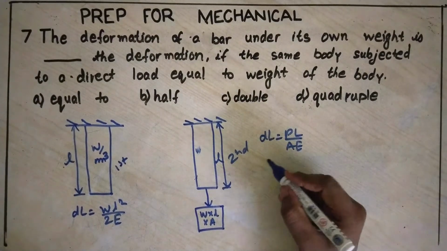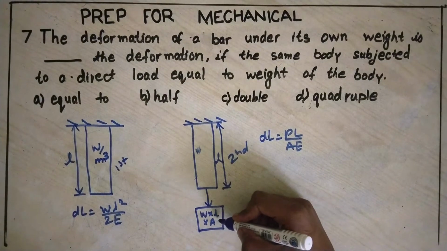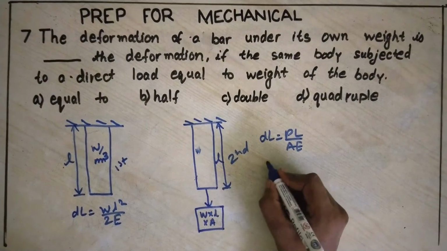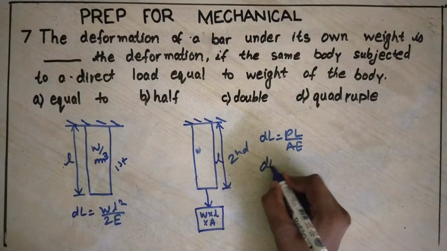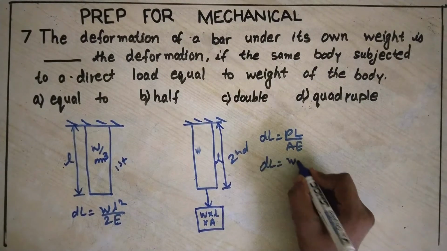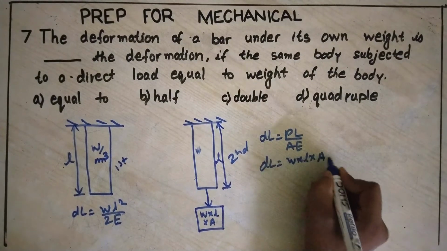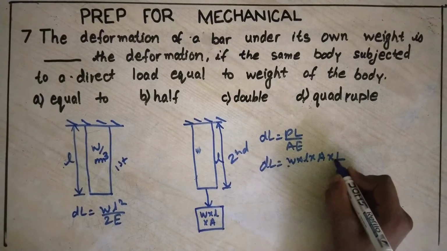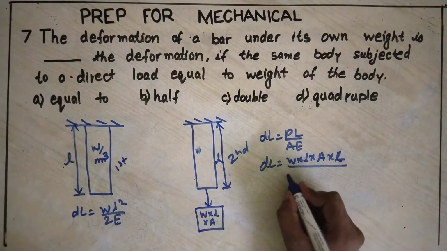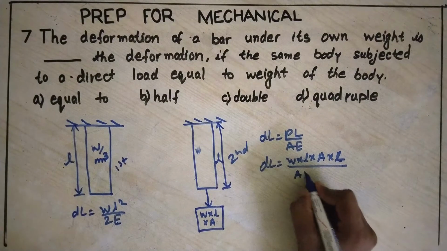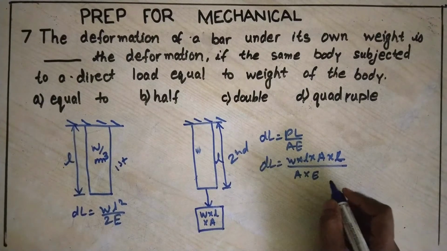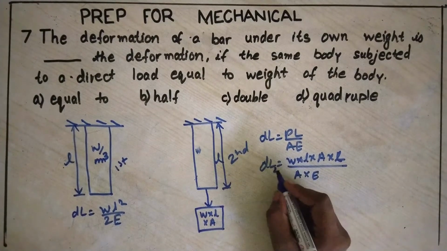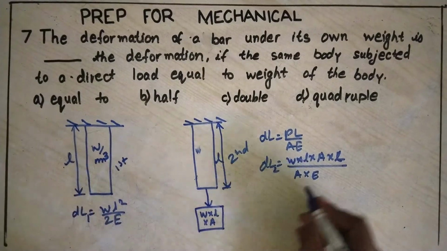For this, P is equal to W into L into A. By putting the value, we get DL is equal to W into L into A into L divided by A into E. Let's take it as DL2 and the first as DL1.